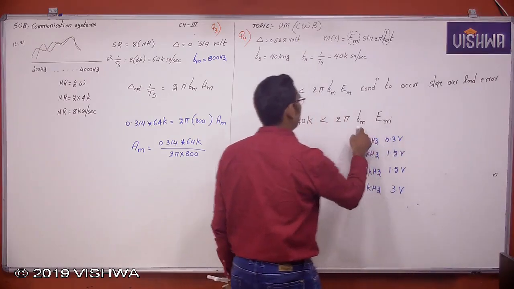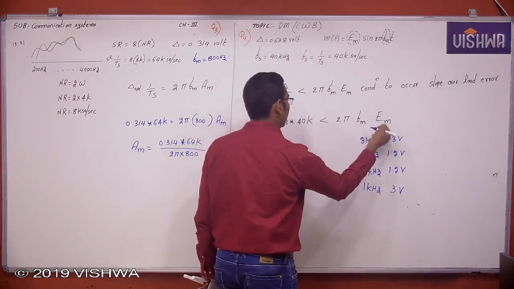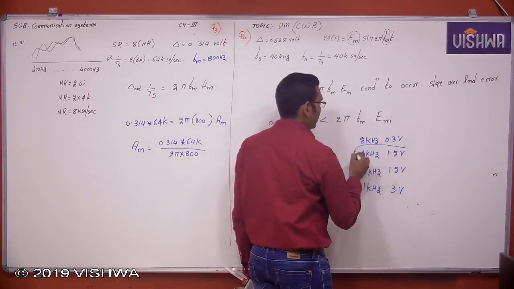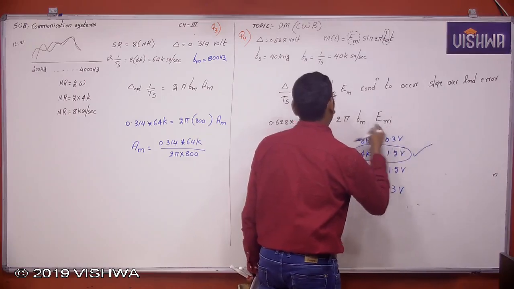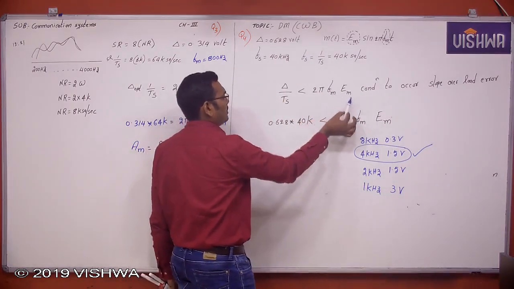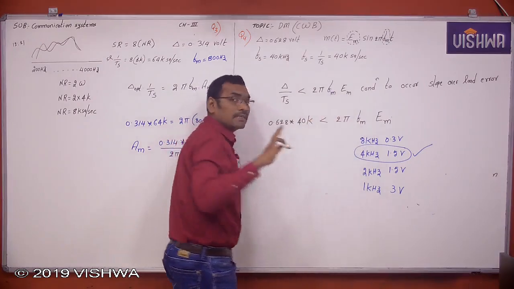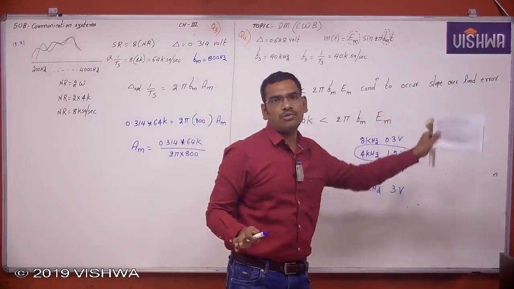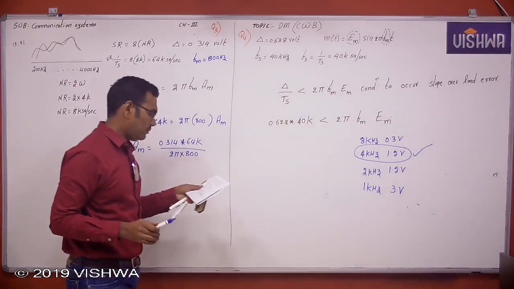Now which combination, if you substitute here, satisfies this condition? These are the peak amplitude and frequency of the message signal such that you have an error. That error is nothing but the slope overload error. Okay, no doubt.